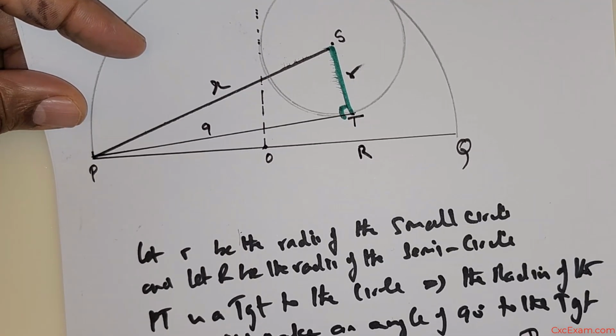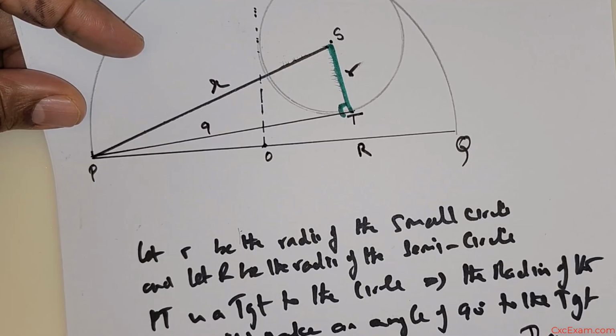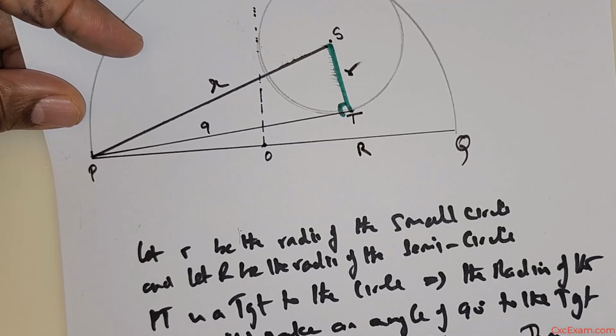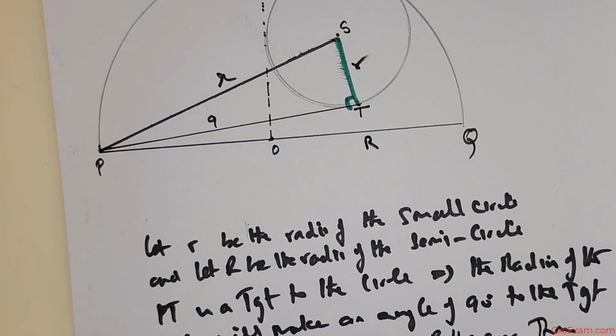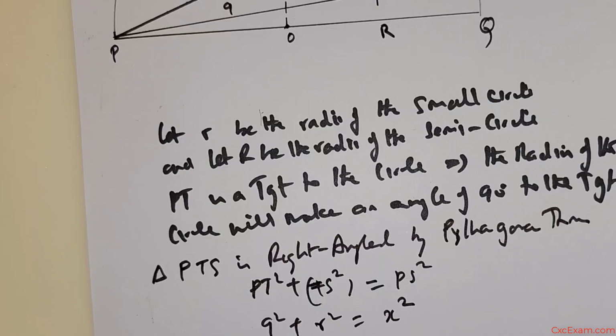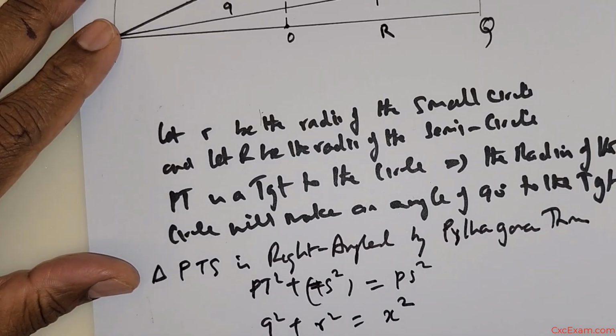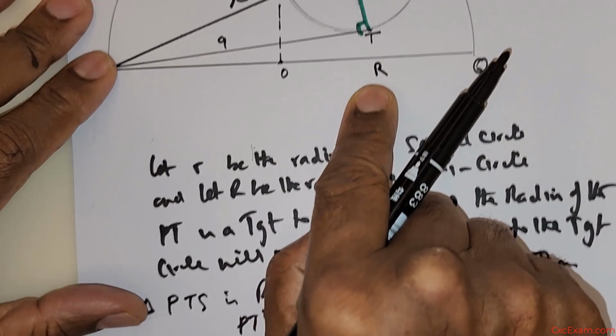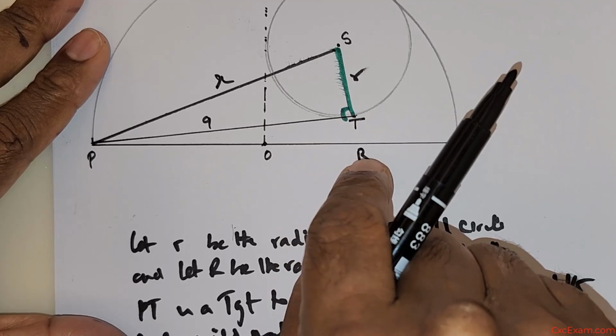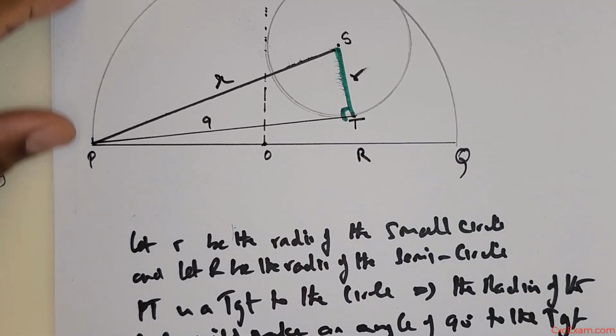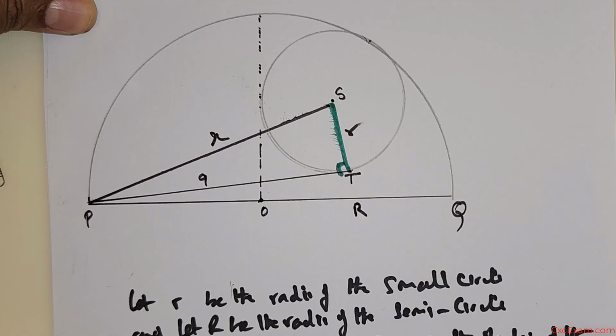Now we will have to have another triangle, and we will have to make the connectivity with the unknown variables. So we got an x, we have to get rid of that x, and we have to get rid of this r, and we should also create an equation involving capital R. So let's do that.